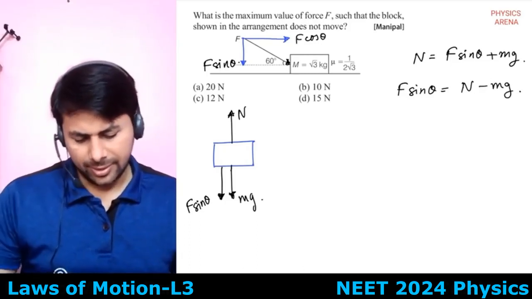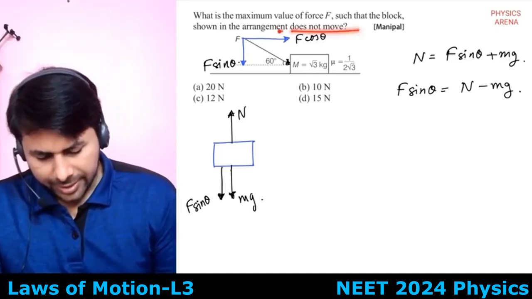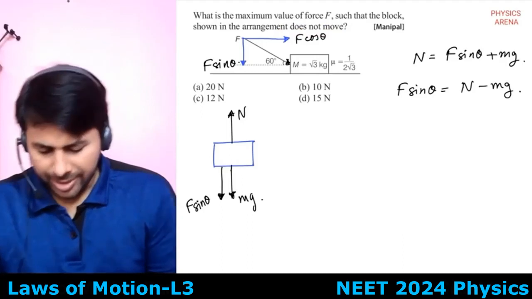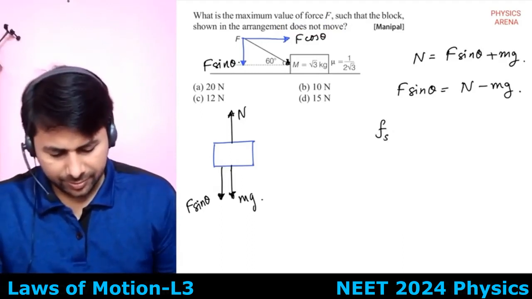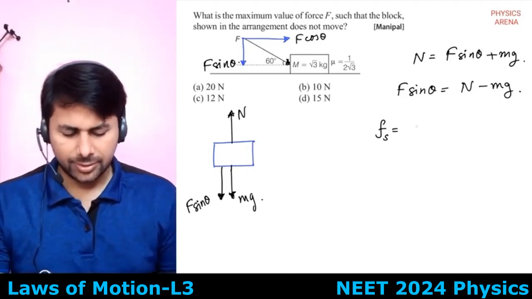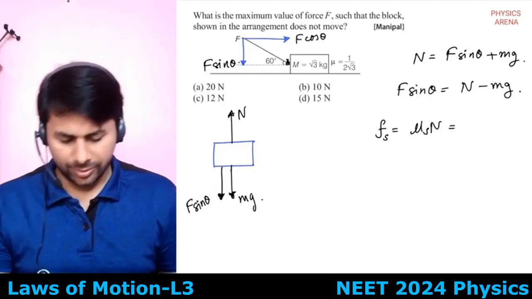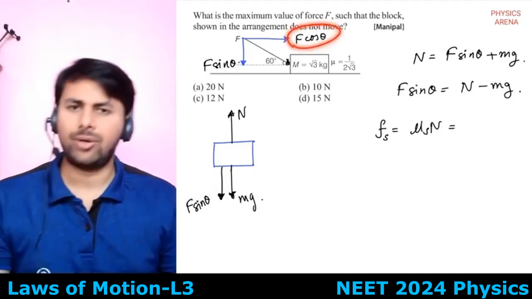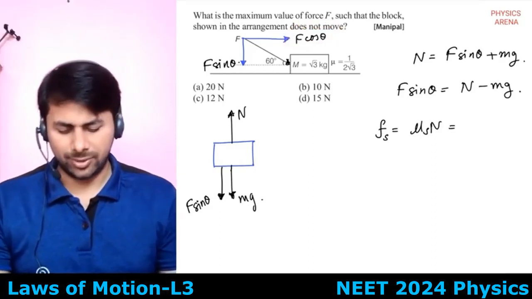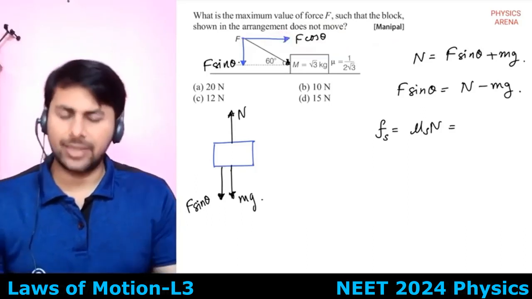Let's keep at that. Then what is happening? It does not move. That means you can say Fs is equal to what? It's mu s into N, and it will be equal to horizontal component of this force. So horizontal component of this force is acting in this direction.